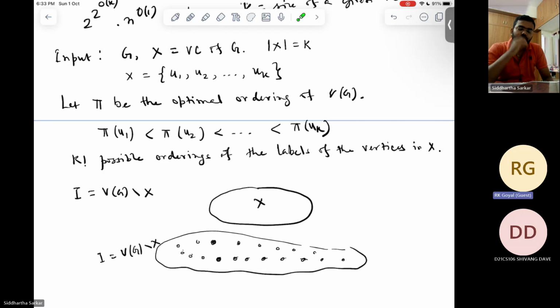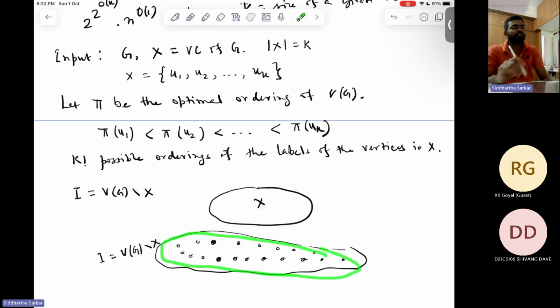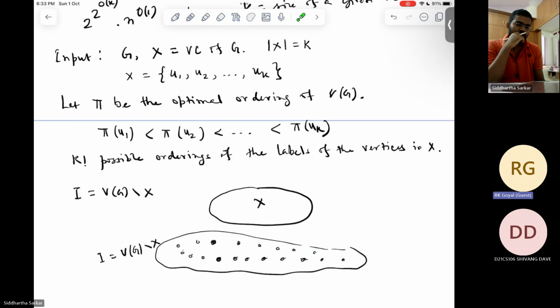Yes, but there could be edges with one endpoint in I and the other in X. That is a possibility, and it does not prevent I from being an independent set. So what we just showed is that the set of vertices outside of X is an independent set, isn't it? Right. So now we can proceed.